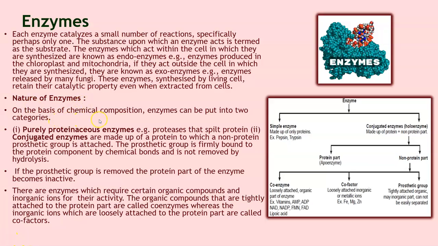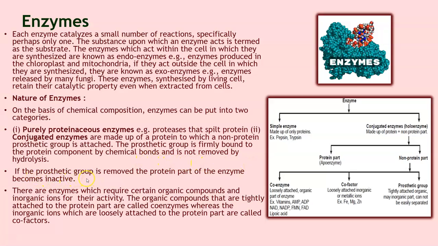Nature of these enzymes: on the basis of the chemical composition, enzymes can be put into two categories: purely proteinous enzymes, like proteases that split proteins, and conjugated enzymes. They are made up of proteins to which a non-protein prosthetic group is added. The prosthetic group is firmly bound to the protein component by chemical bond and is not removed by hydrolysis.